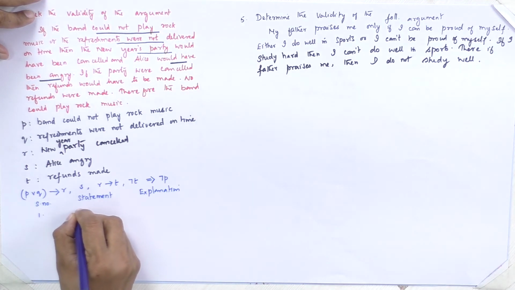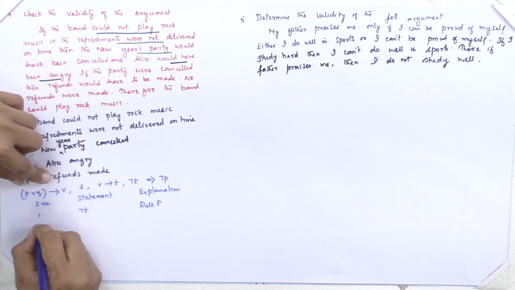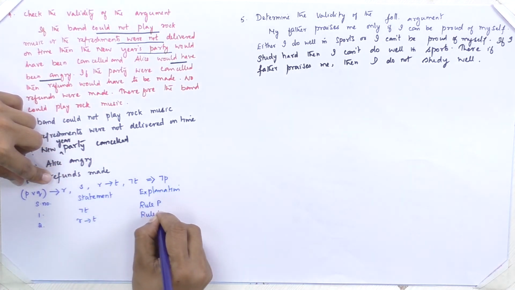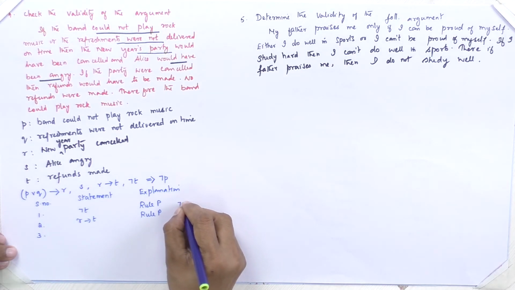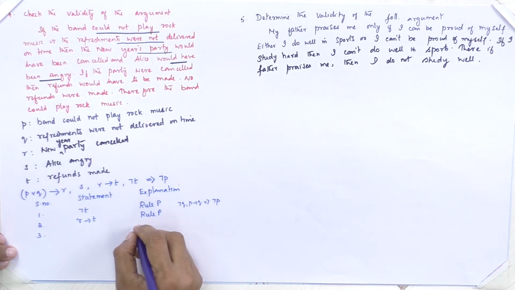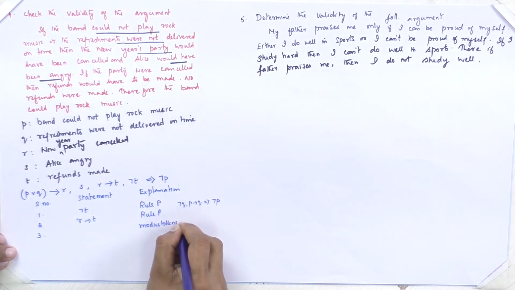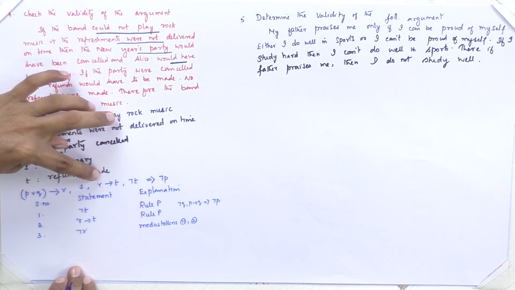Negate T, that is rule P, then R conditional T, that is also rule P, and now I can apply modus tollens. Modus tollens is what? Whenever we have negate Q and P conditional Q, this will imply negate P, that is modus tollens. So modus tollens on 1 and 2, we get negate R, right?